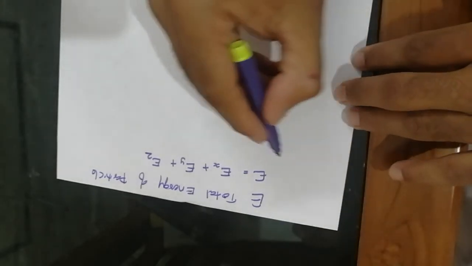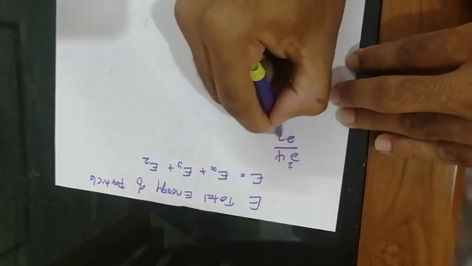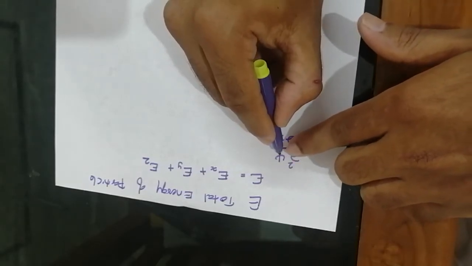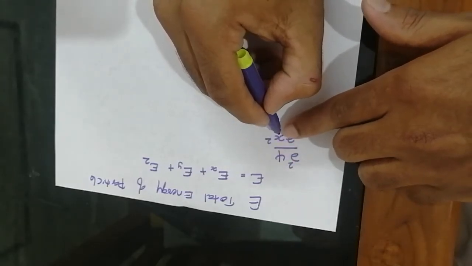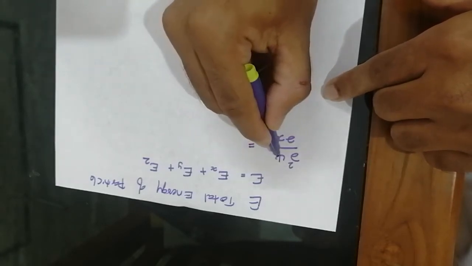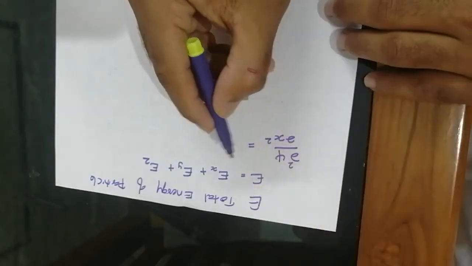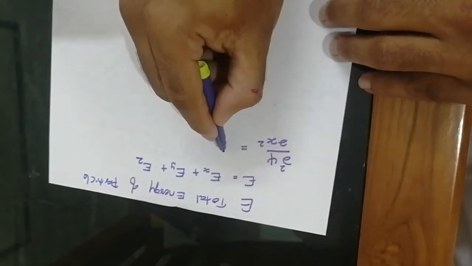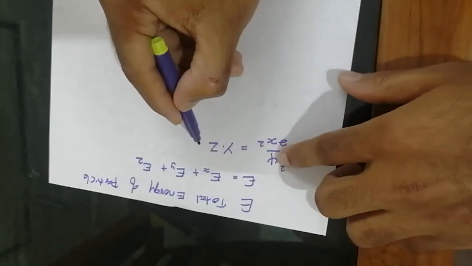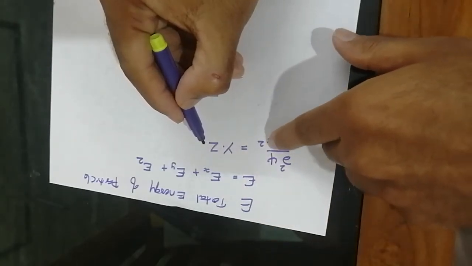Now, suppose we write dou square psi by dou x square. Mathematically, we are differentiating psi with respect to the x component. But psi has three components, so the Y component and Z component of the wave function will be constants because we are differentiating only with respect to x.